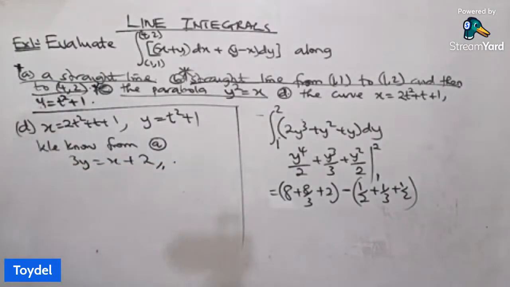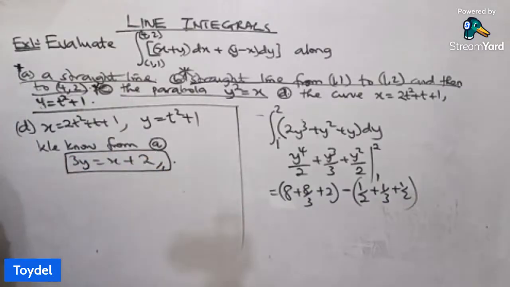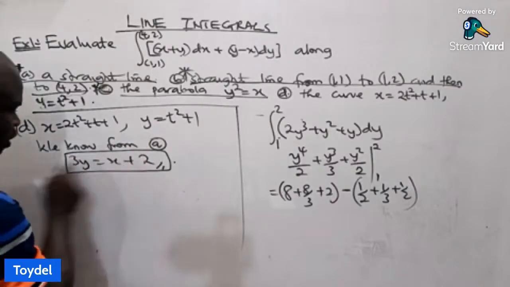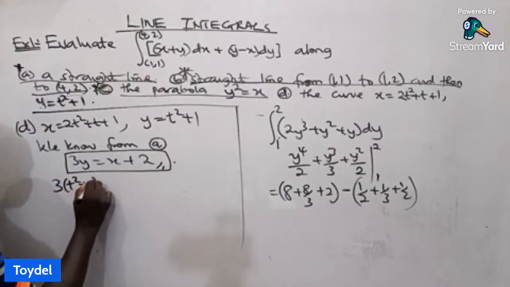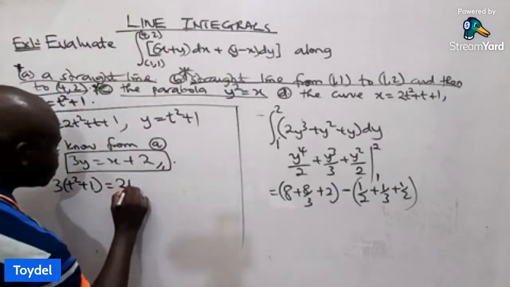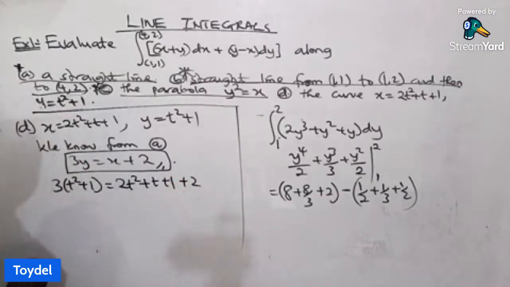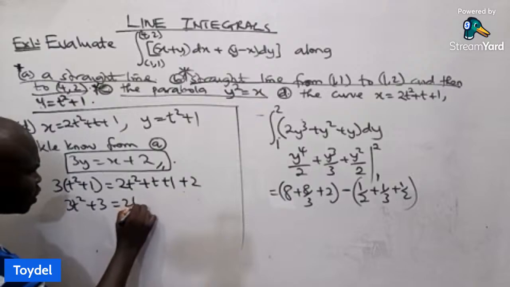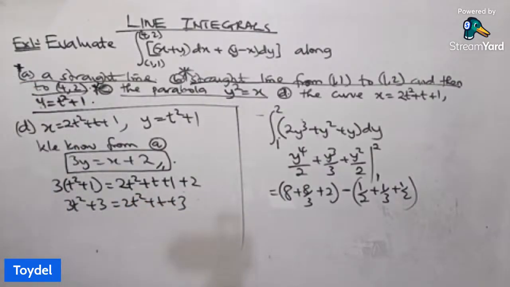Then we substitute for the value of y, and we also substitute for the value of x. So here we are going to have 3 times, what is y? t squared plus 1, is equal to x, 2t squared plus t plus 1, then plus 2. So here we are going to have 3t squared plus 3 to be equal to 2t squared plus t plus 3.